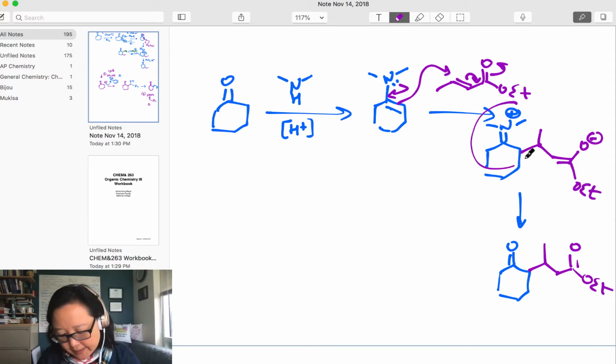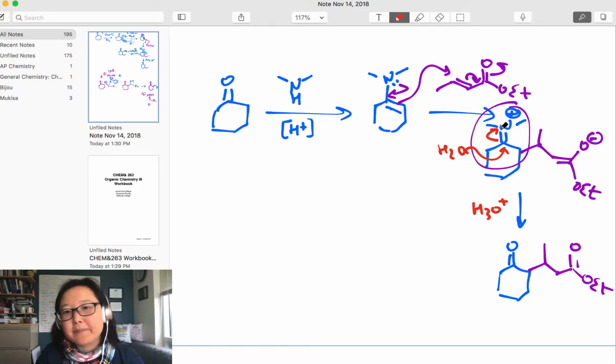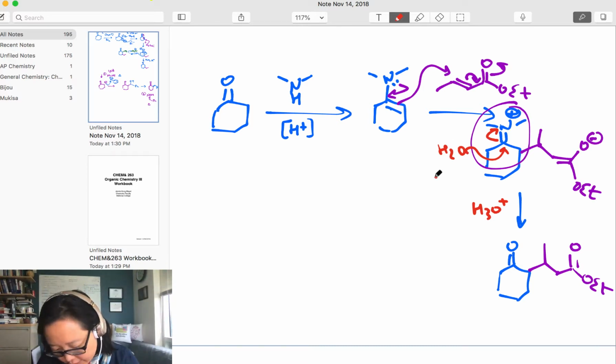Now this mechanism here, you might have forgotten it already, I don't know. When you have H3O plus, you basically have water in solution to attack here, and then this part gets protonated and it leaves, and the water oxygen can come down and become a double bond. I'll just do that real quick just to jog your memory.